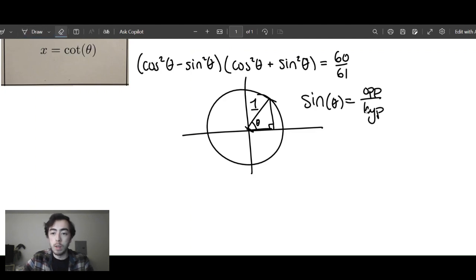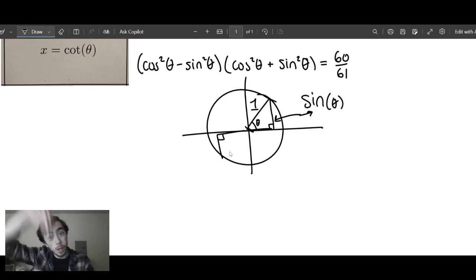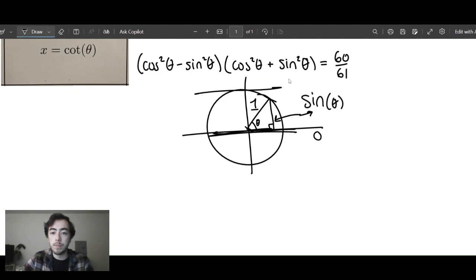So dividing by that 1 doesn't really do anything to the value. And so the opposite side right here is just the length of whatever sine theta is. This will spit out some number between 0 and 1. I guess it would also be negative if you were below the x-axis here. But I'm just thinking in that first quadrant, we're going to get some vertical length here between 0 and 1.